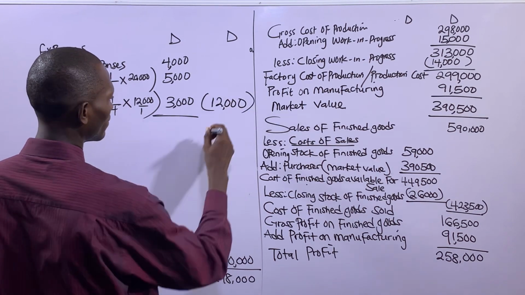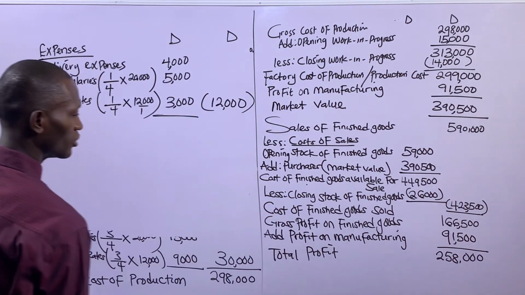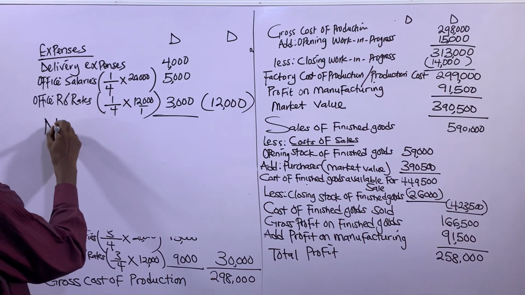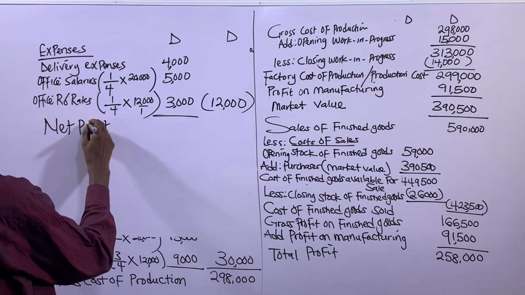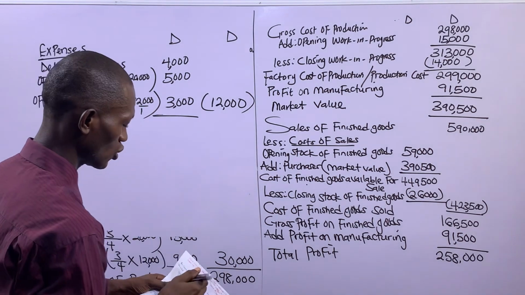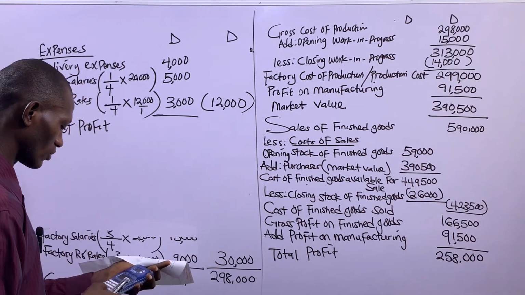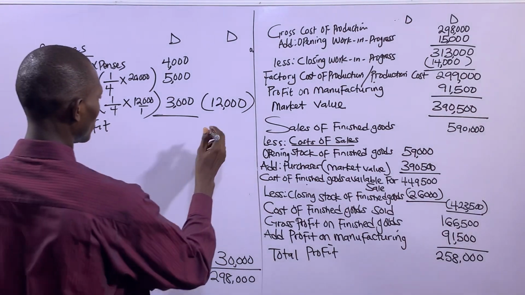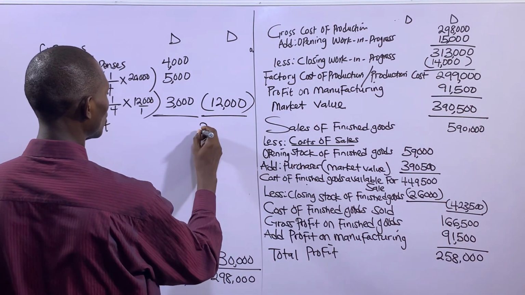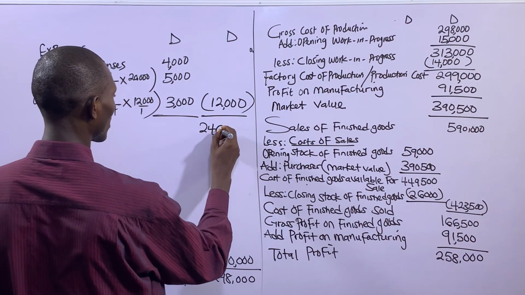Then we less that from our total profits. So then we get our net profits. So net profits, that's 258,000 minus 12,000. That gives us 246,000.